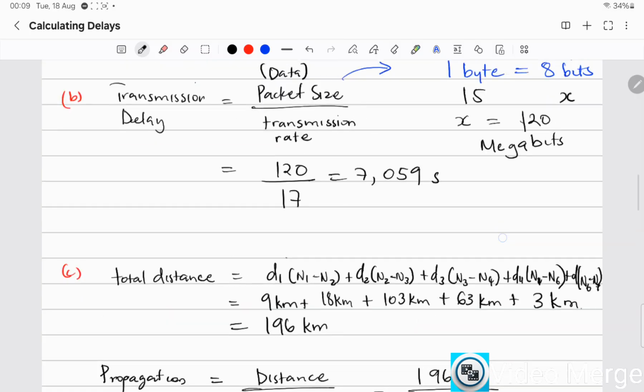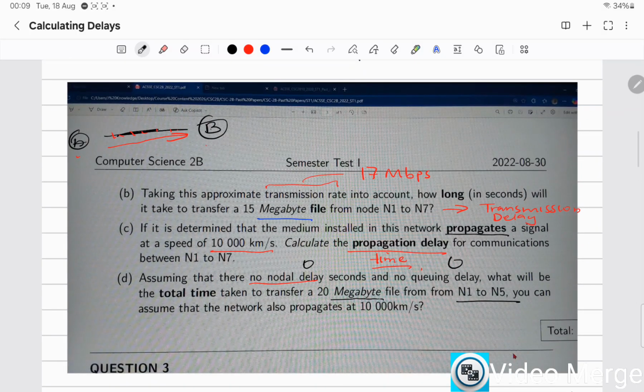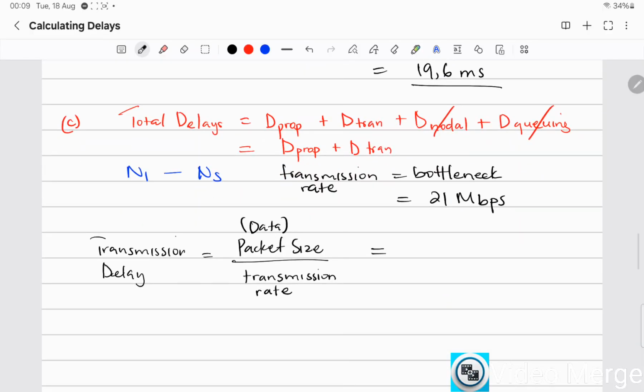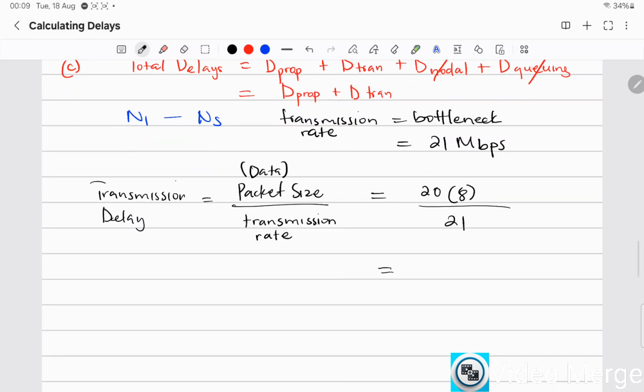Remember they said the new packet size here is a 20 megabyte file, right? So we need to convert these 20 megabytes to megabits. You now understand the procedure. 20 times 8 over the transmission rate 21. This gives me 7.619 seconds, rounded off to 3 decimal places.